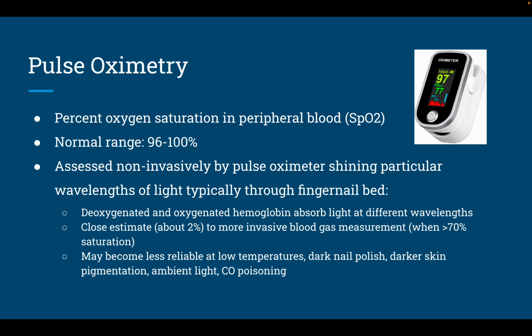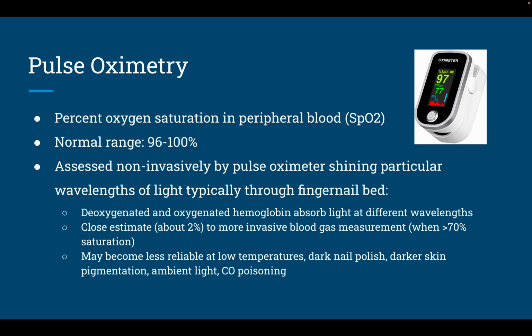For pulse oximetry, we're usually using a pulse oximeter. It goes on the finger, and it's assessing the percent of oxygen saturation in the peripheral blood. Normal range is usually over 95, 96 to about 100%. And this is a great non-invasive test.